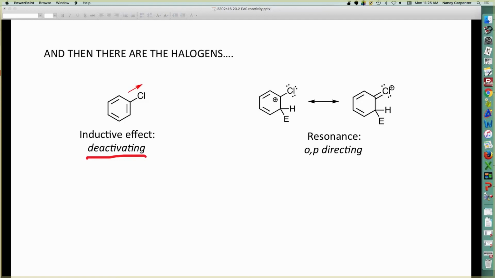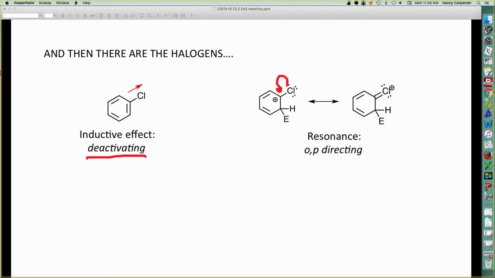But at the same time, when the actual reaction takes place and a carbocation is formed, the ortho para substitution pattern is stabilized because of that resonance contributor. It's not a great resonance stabilization, but you can't ignore the data.